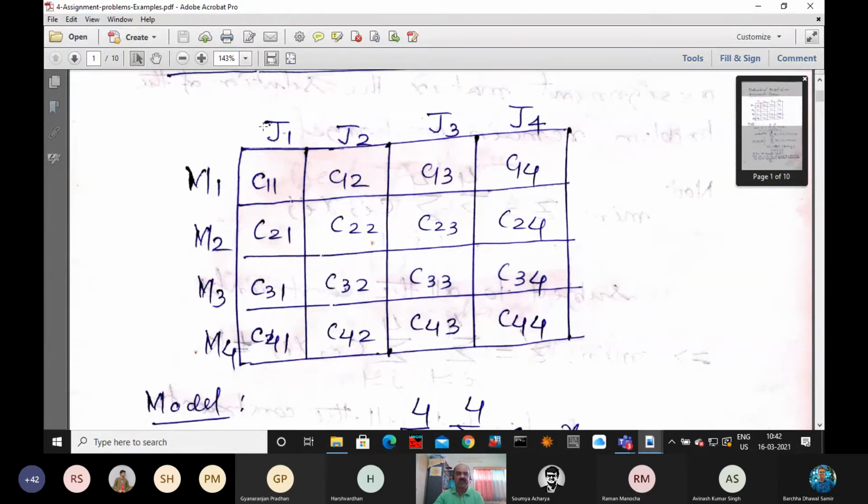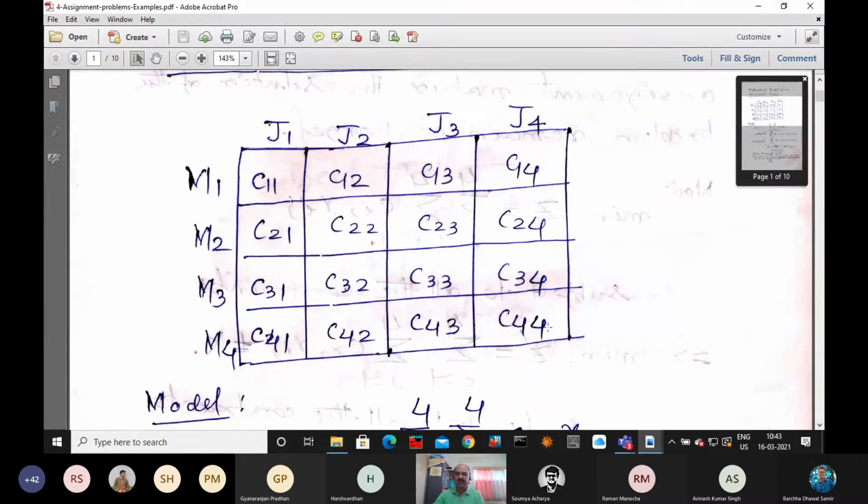The first row elements are C11, C12, C13, C14. Second row elements, C21, C22, C23, C24. Third row elements, C31, C32, C33, C34. And fourth row elements, C41, C42, C43, C44.